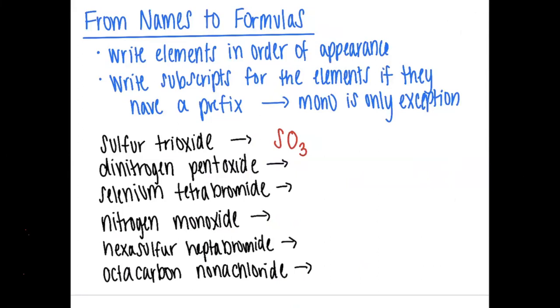Ralph, you got a mic for me? Yeah. Perfect. What would be dinitrogen pentoxide? Nitrogen with a 2, and then oxygen with a 5. Done. Okay, do the next one.